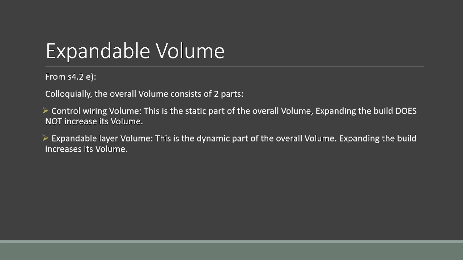So, in other words, the control wiring volume is basically a constant. It won't change the volume no matter how many layers you have. But the expandable layer volume obviously is the layers that you're trying to expand, and this will increase the volume, of course.